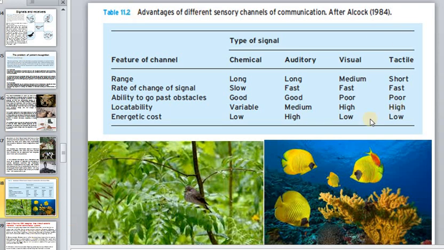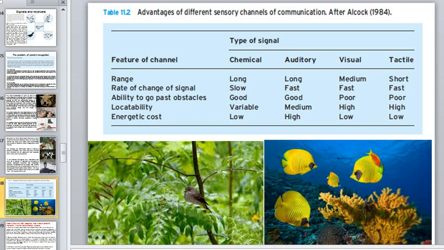It's very important to have this type of signals, chemical, auditory, visual, and even tactile signals, in different channels, and the ability to say something quickly.